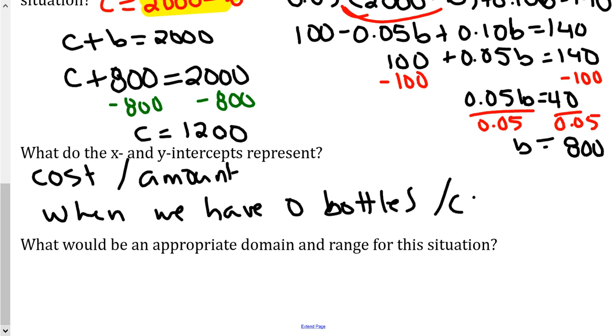And specifically in that case, our y-intercept, because remember, y was our bottles, that tells us when we have no bottles, how many cans do we have, or what could the price be for those cans? And for our x-intercept, that was what happened when we had no cans. How many bottles were we donating? How much money could we make when we had no cans?